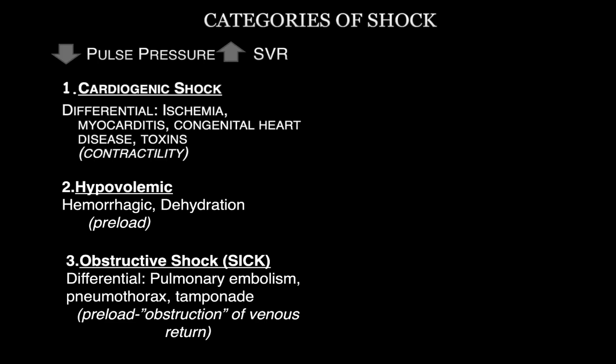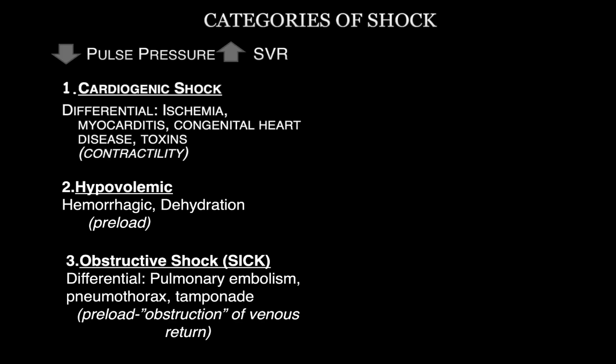The typical causes are from a venous thromboembolism, pneumothorax, or cardiac tamponade. What all three of these processes have in common is that they will decrease preload due to an obstruction, leading to a decrease in stroke volume and hypotension if not corrected quickly.